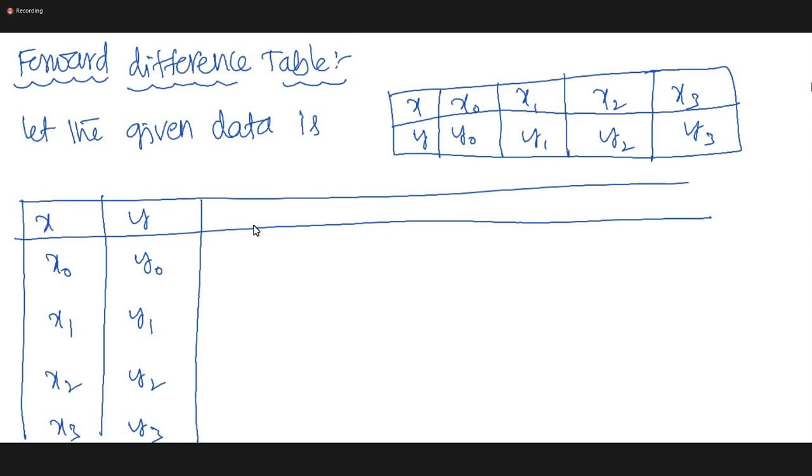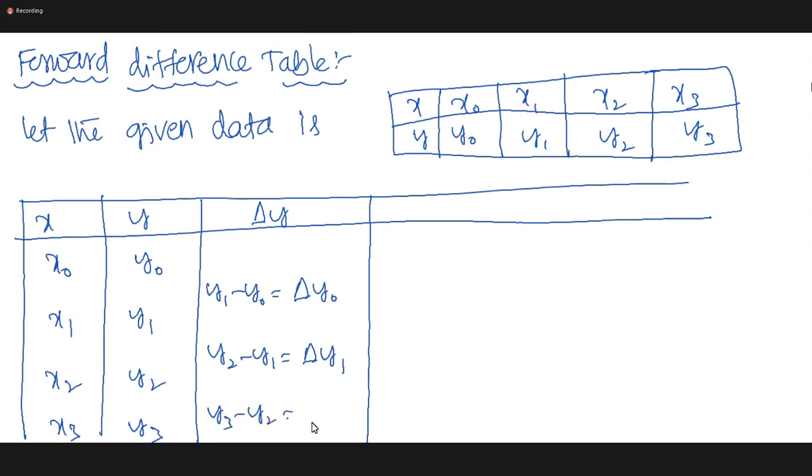What are first order forward differences? y1 minus y0 denoted by delta y0, y2 minus y1 denoted by delta y1, y3 minus y2 denoted by delta y2. The second order forward differences: delta y1 minus delta y0 is equal to delta square y0.